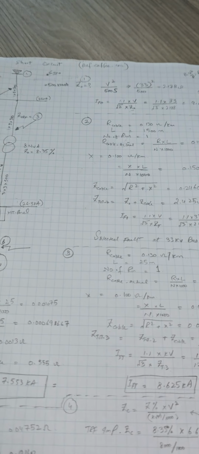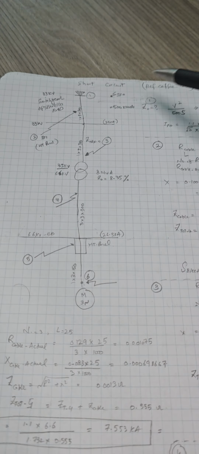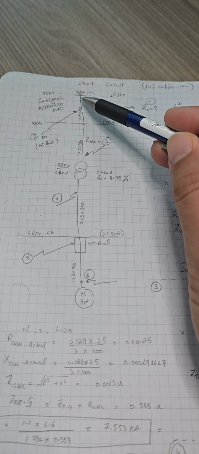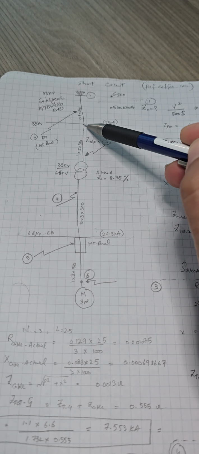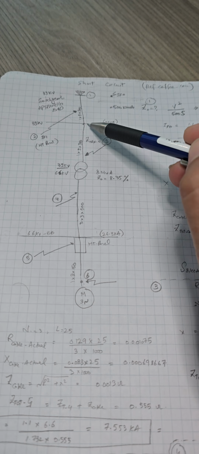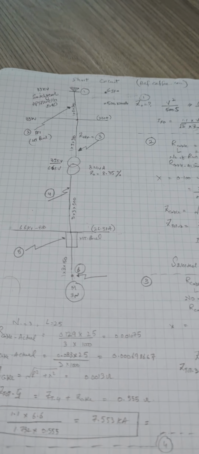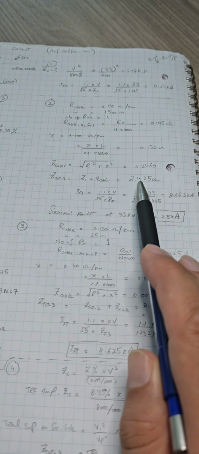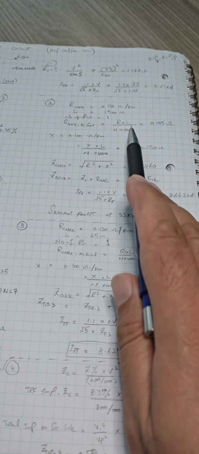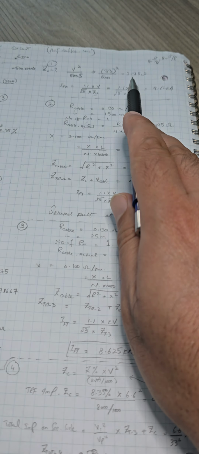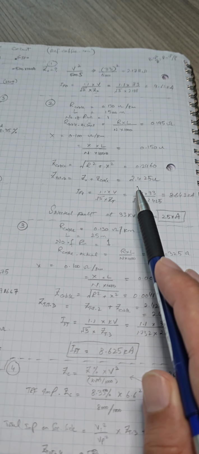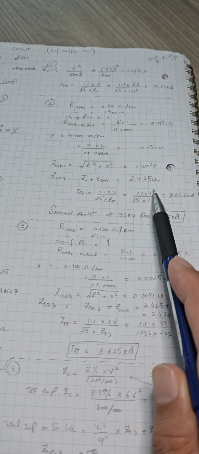Z total means, if you remember, we already calculated Z naught at this point, and now we have calculated Z cable at this point. So the Z total is the summation of these two values. By adding Z cable and Z naught, we got Z total as 2.425 ohms.